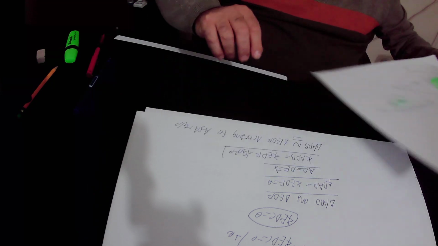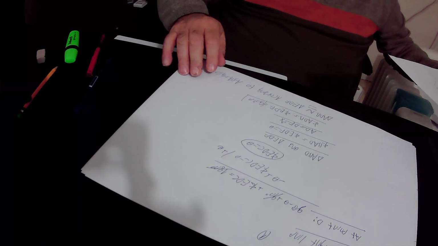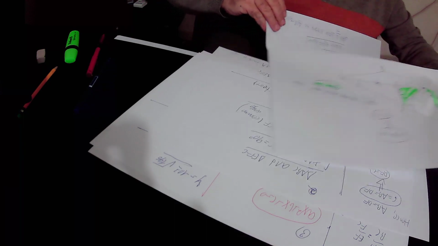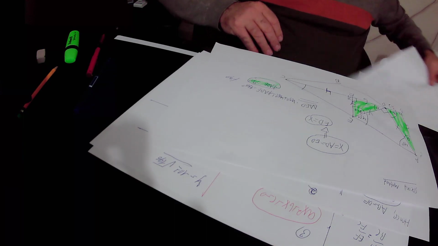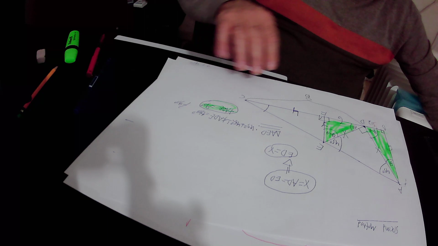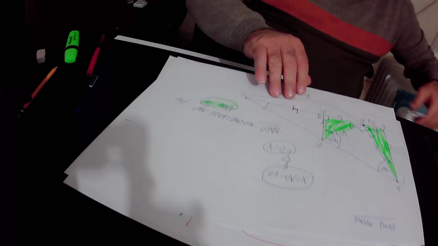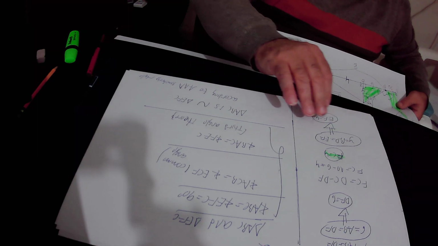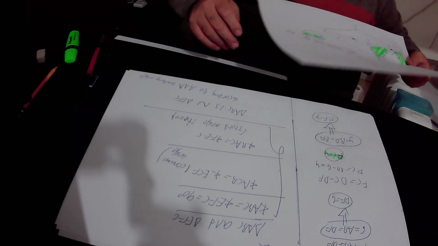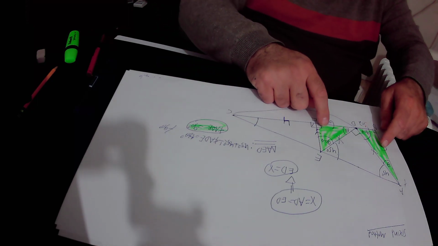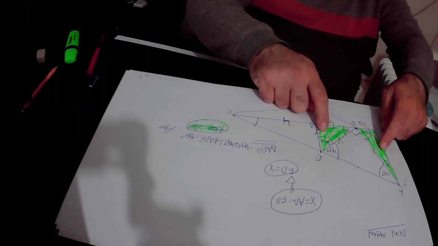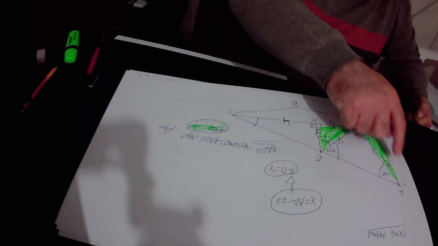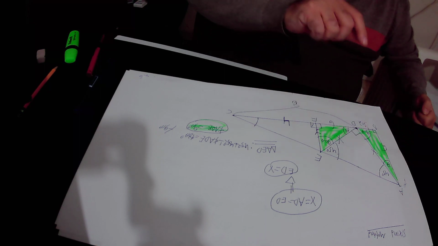And from the fact that those two triangles are congruent, we will conclude that AB is equal to DF, according to the rule that corresponding sides in congruent triangles are equal to each other. Those two green triangles are congruent, therefore the corresponding sides, that is to say AB and DF, will be equal to each other.